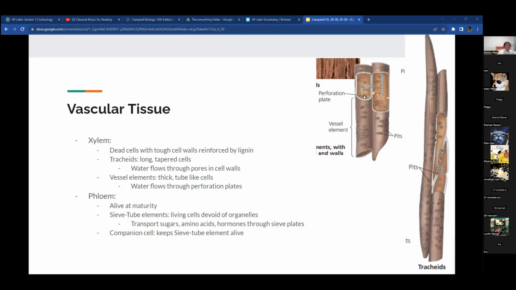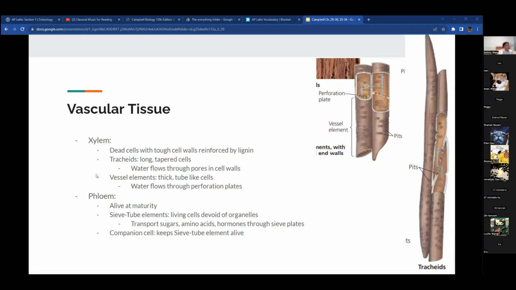The vessel elements connect to each other through perforation plates. These are also just weakenings in the cell wall that allow water transport. Remember that normally the cell wall is relatively impermeable. Water can't pass through it easily. But with these weakenings, water can go through.